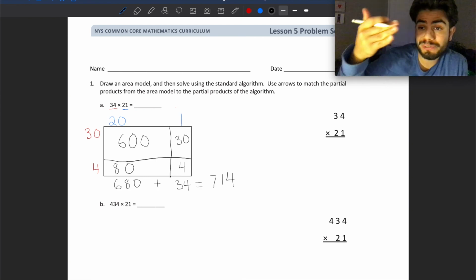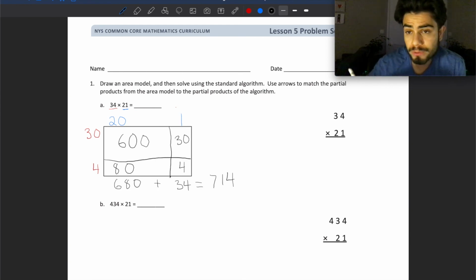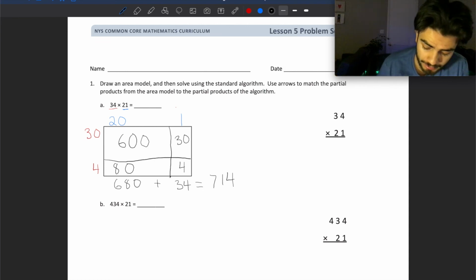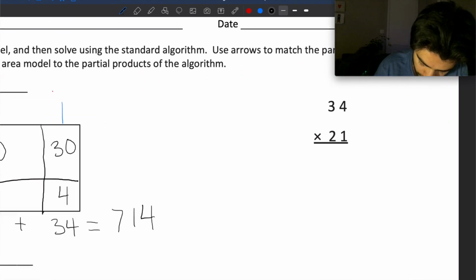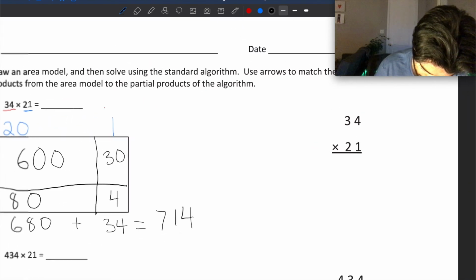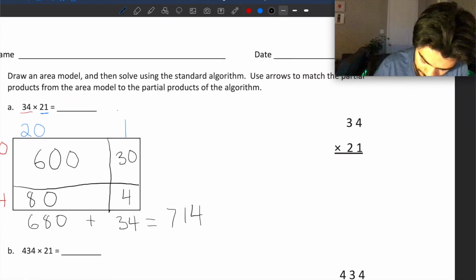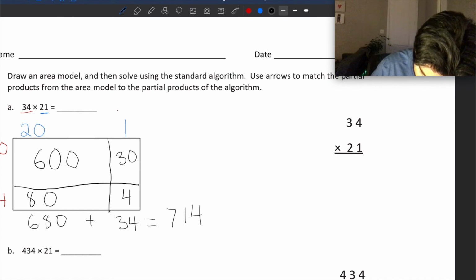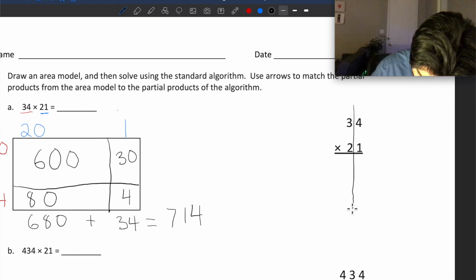Now we're going to relate that to our standard algorithm. Now I'm going to zoom into here. It's too close. Let's do right there. That's good. So my standard algorithm, I'm going to draw my lines here to help me stay organized.